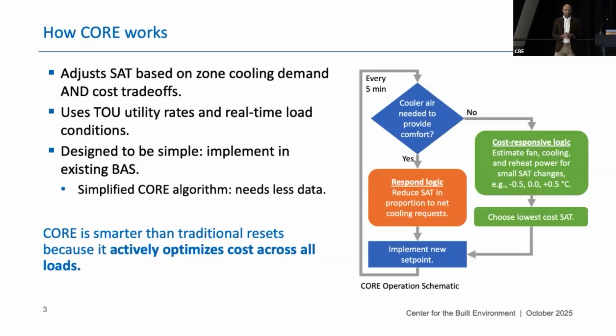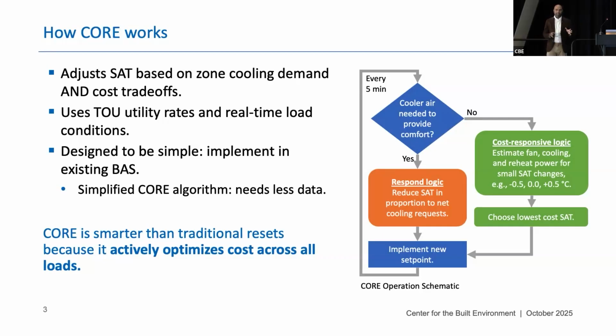Under CORE, it looks at the current supply air temperature set point and a couple more candidate set points, and then calculates the energy cost. This includes heating, cooling, and fan energy cost for each of those set points. Depending on what those costs are, it then picks the lowest cost supply temperature set point. By doing this iteratively, it can optimize for the HVAC cost.